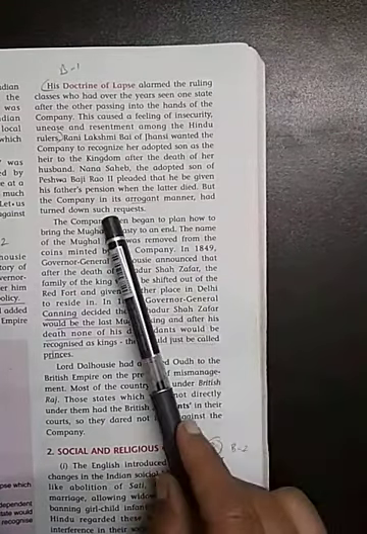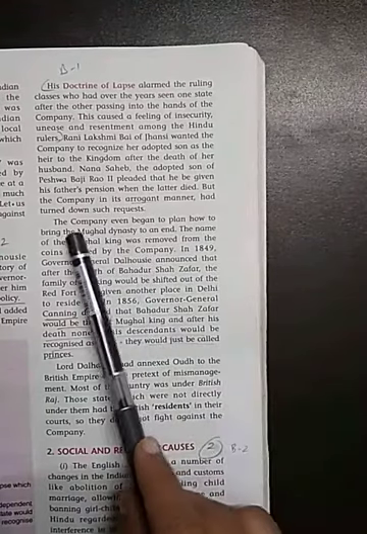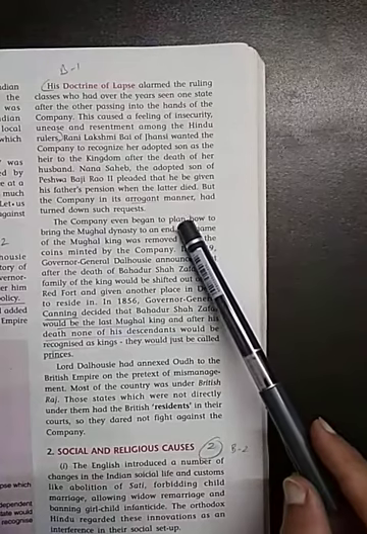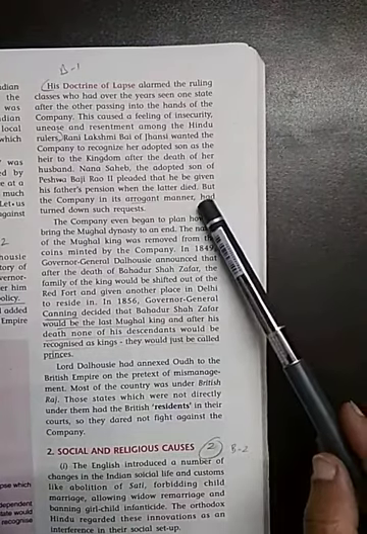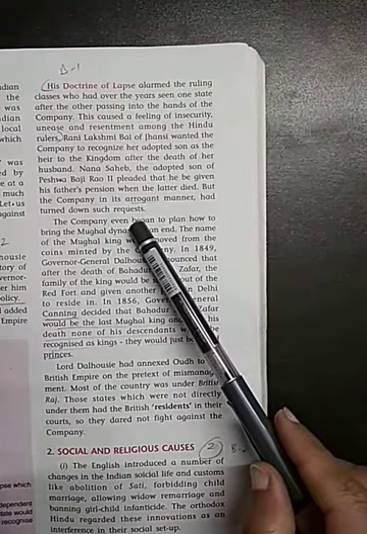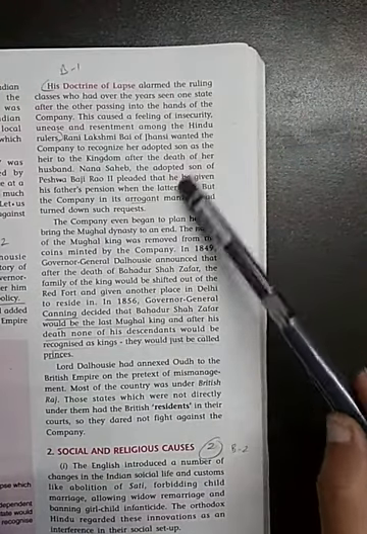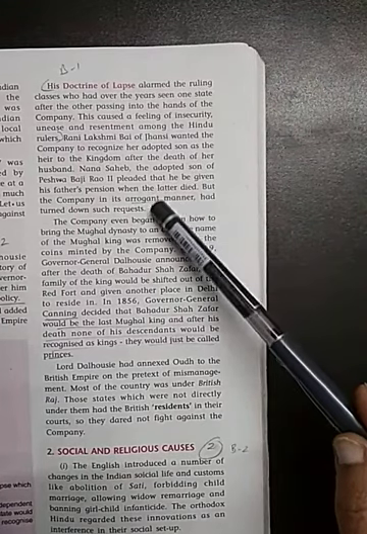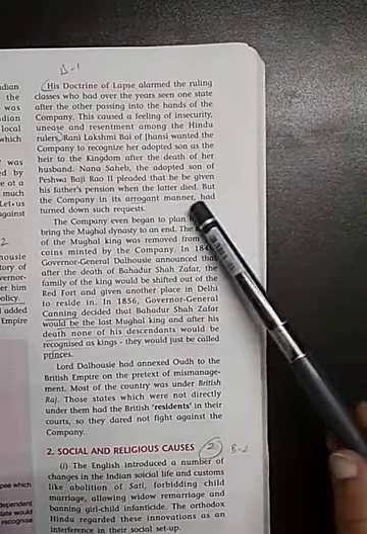But the company, in its arrogant manner, had turned down such requests. The company didn't accept any request, neither of Rani Lakshmi Bai nor of Nana Sahib. It means these two were now against the British rule.